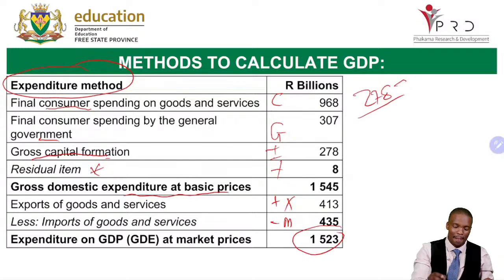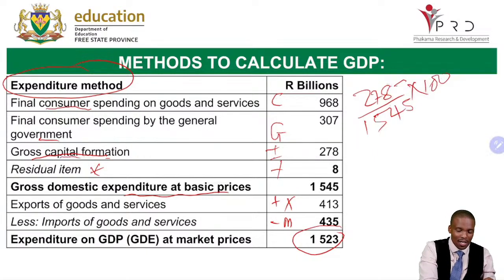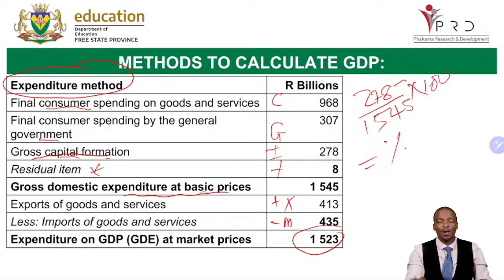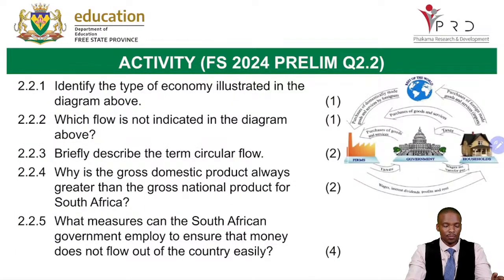Then you divide by 1,545, multiply by 100 there, because they've given you to say calculate gross capital formation as a percentage of GDE at basic prices. Then you'll get your marks there and you get your values in percentage forms.